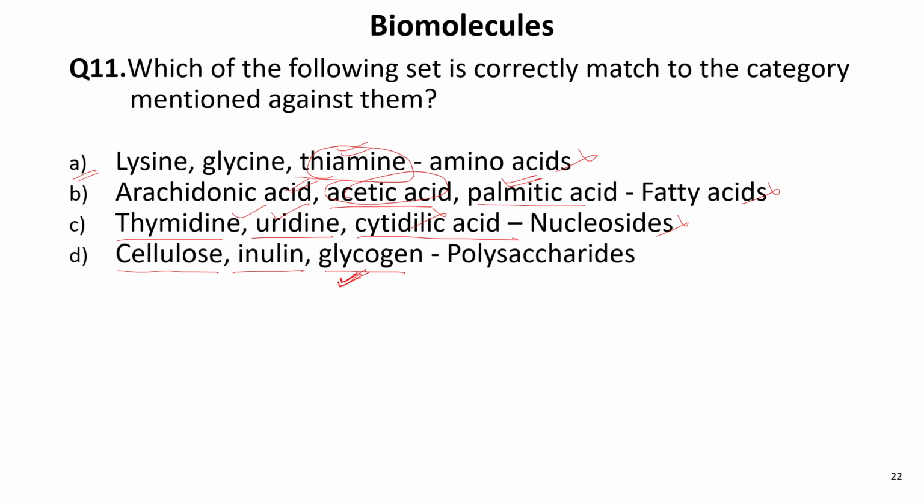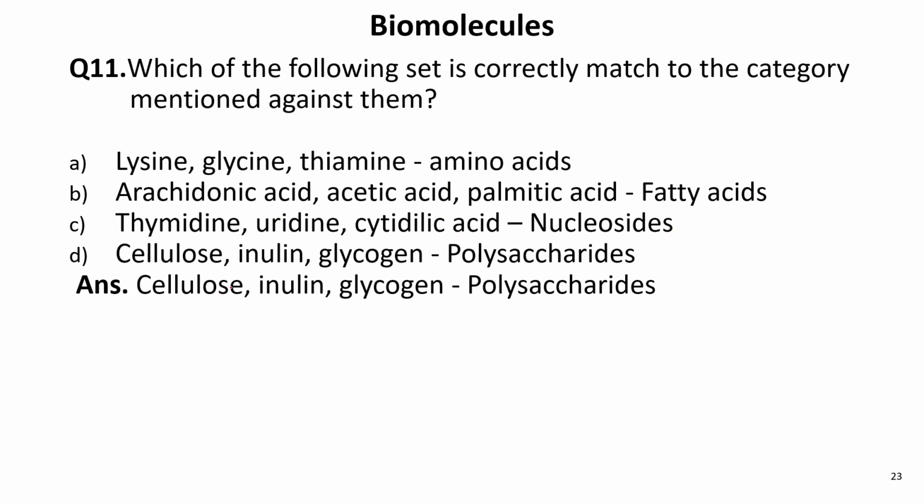When glucose is stored in the form of glycogen, that is called animal starch. Inulin is stored in some plants, like beetroot. Cellulose: the cell walls of plants are made up of cellulose. So these are the different polysaccharides. So the correct one is option D.